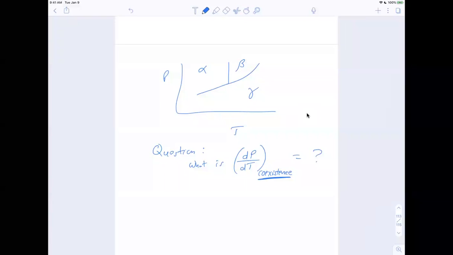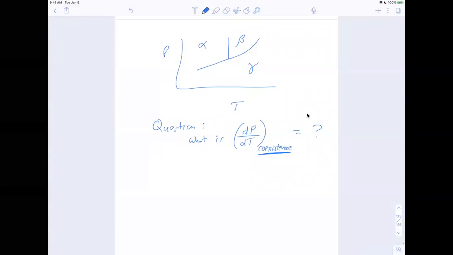So that's the question. And to answer this question, we're going to go back to thermodynamics. The solution to this question begins with thermodynamics, obviously.